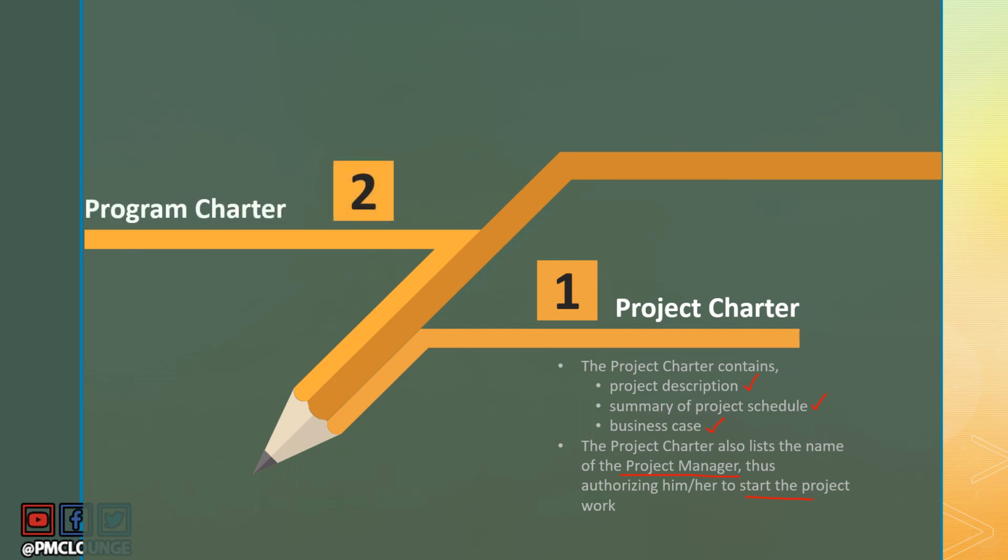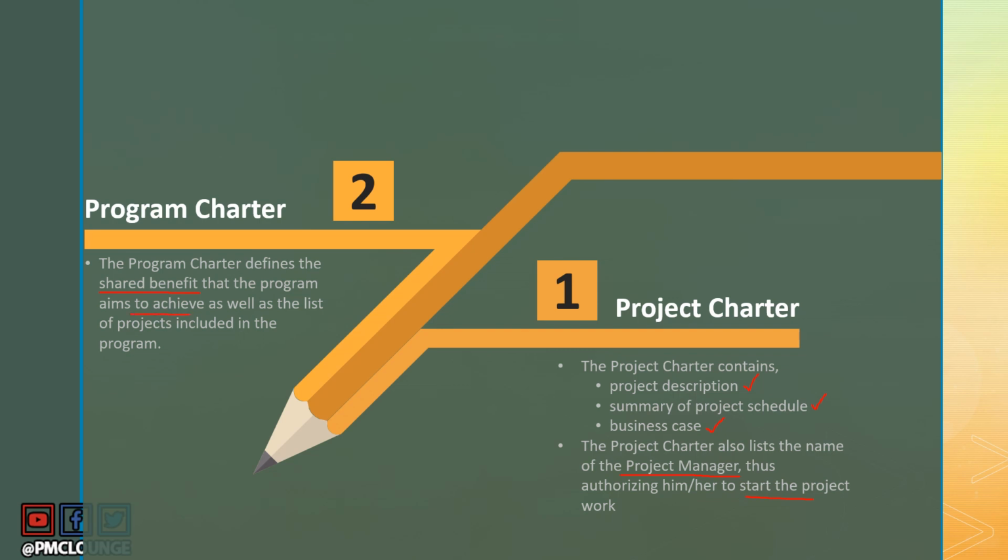Second is the program charter. So what does that contain? The program charter defines the shared benefit. And remember, when you learn about programs, you will understand why shared benefit is so important. The program charter is going to define the shared benefit that the program aims to achieve.